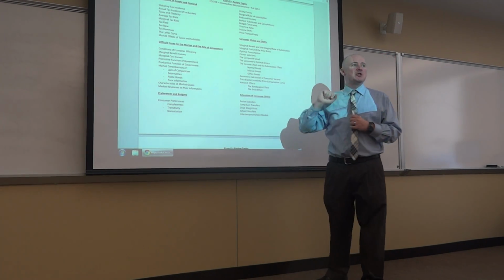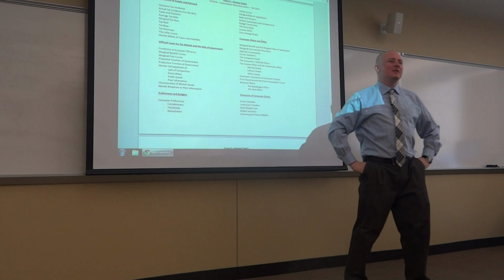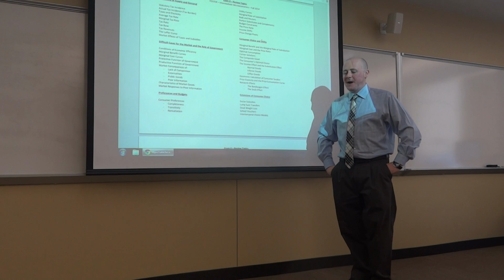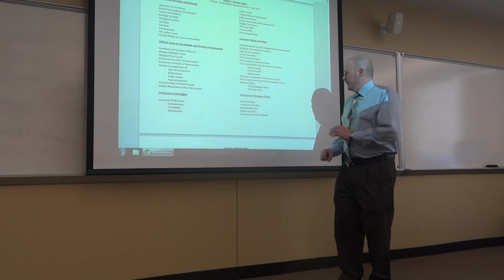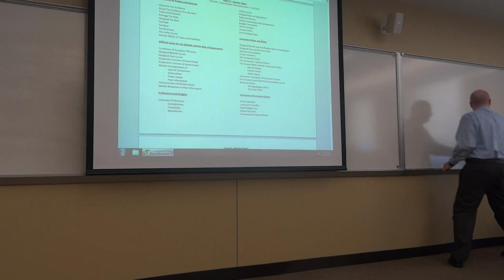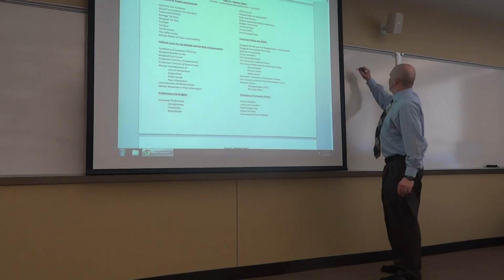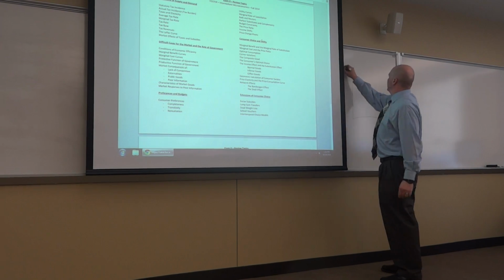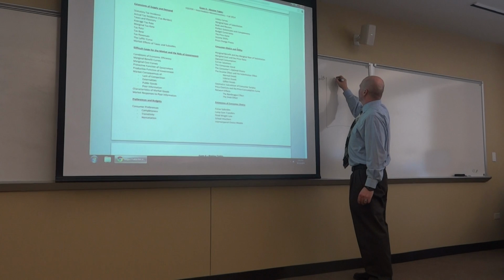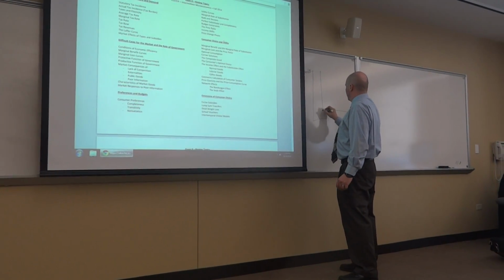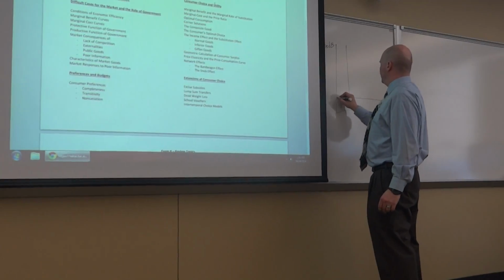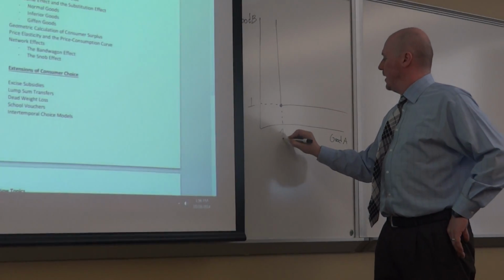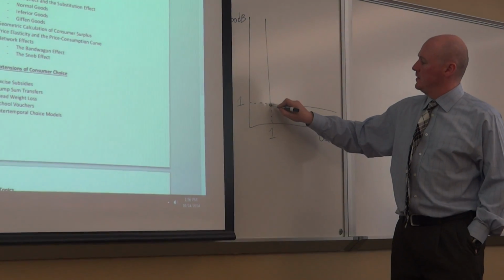Complements. These have L-shaped curves, right? Some of you appeared to have some trouble on the quizzes with this. Keep in mind that with these L-shaped curves, we have good A and good B. If they're perfect complements and I need them 1-to-1, then if I have one of each, I'm this happy.